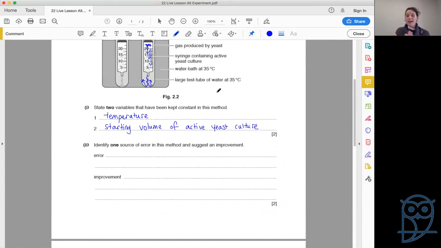If you have a cup of tea and you come back to that cup of tea 25 minutes later, is it going to be the same temperature? Not a chance. So it's the same with this water bath. Okay, so the temperature changes over the course of the experiment.